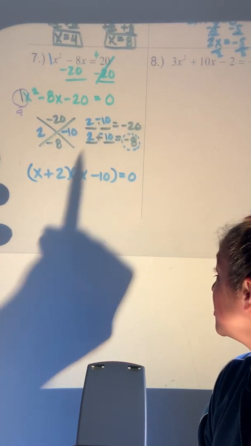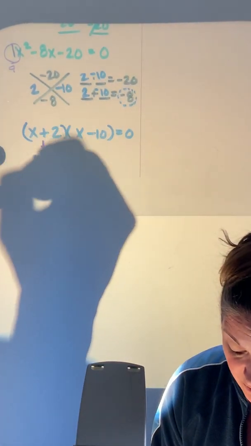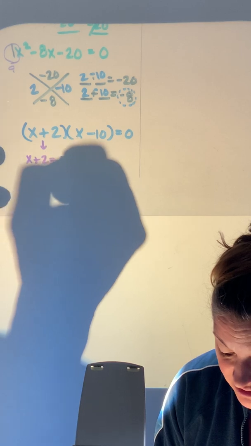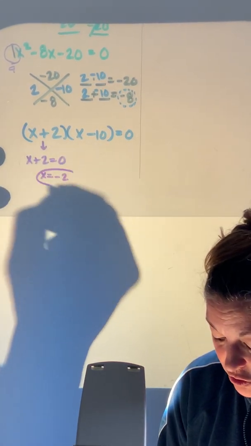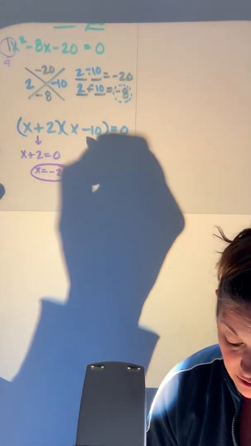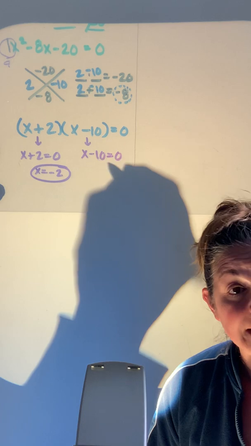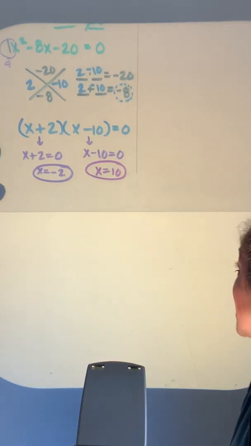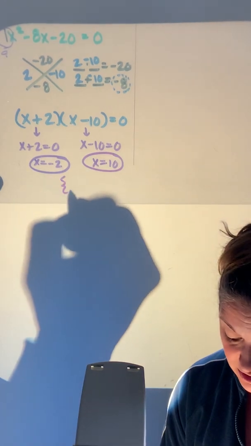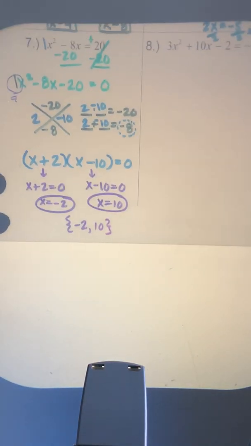Find your two numbers and just slap them right in there. And then solve. So we've got x plus 2 equals 0. Minus 2, that's going to give us negative 2 for our answer. And then over here, we've got x minus 10 equals 0. In this case, add 10, and we're going to get positive 10. So our two answers are negative 2 and positive 10 for number 7.